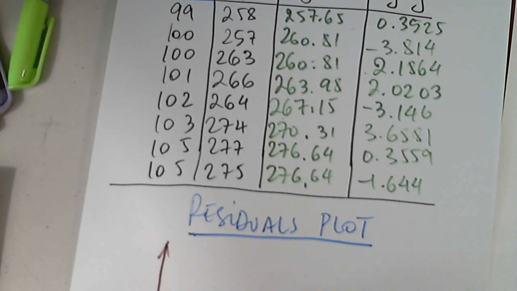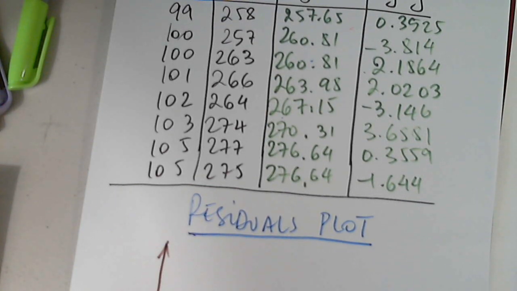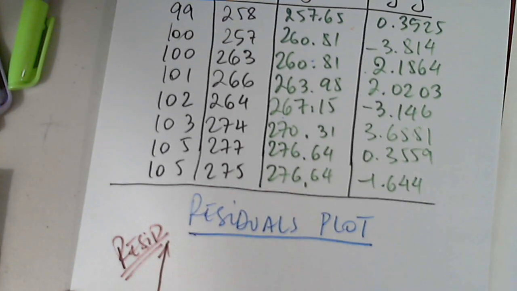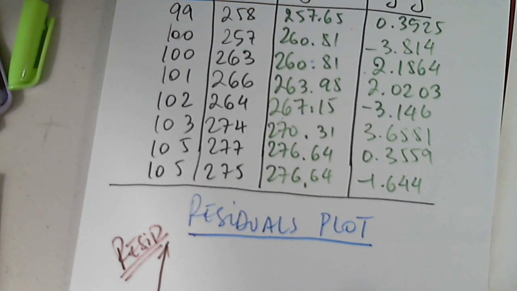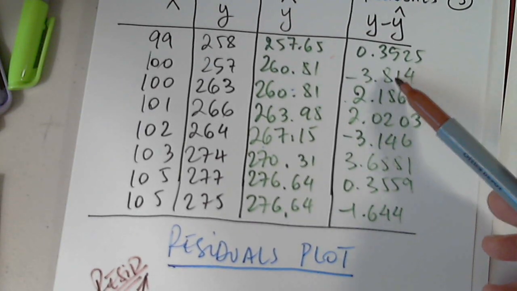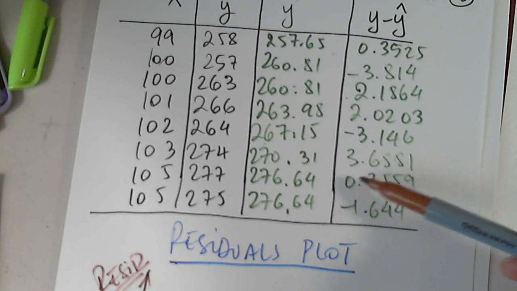These are still the X values. Again, I'm going to make a break: 99, 100, 101, 102, 103, 104, 105. But now these are the residuals. As you see, the smallest one is about negative 4, and the top one, the maximum, is about 4.